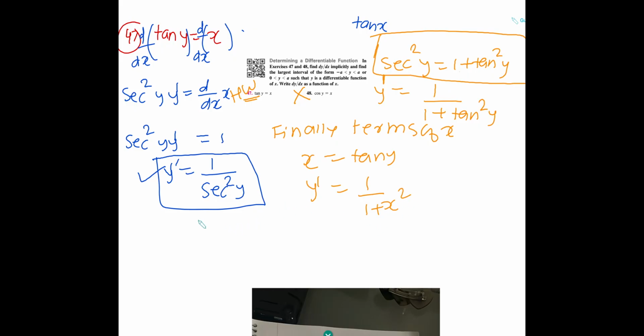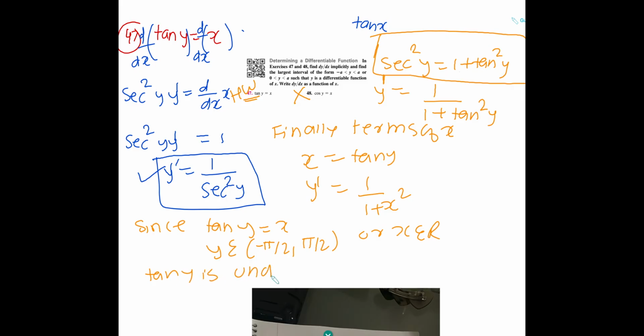Since tangent of y equals x, y must be restricted. So y belongs to negative pi over 2, comma pi over 2, and x belongs to the real numbers, because tangent of y is undefined for y equals plus or minus pi over 2.